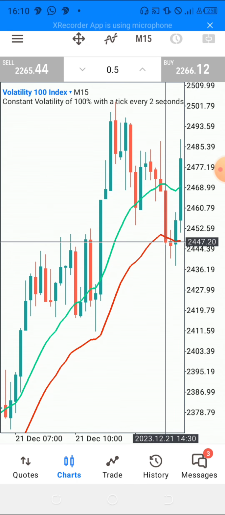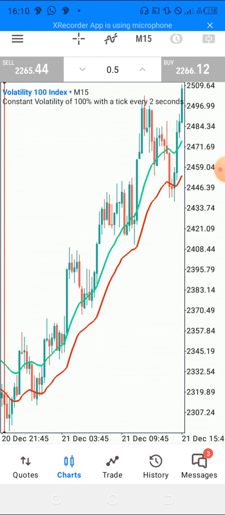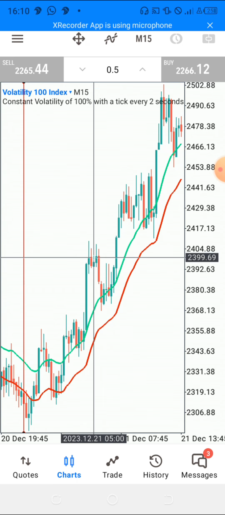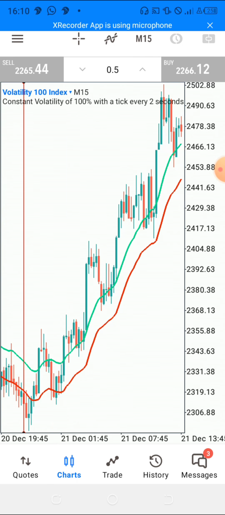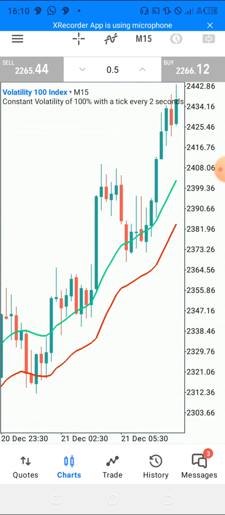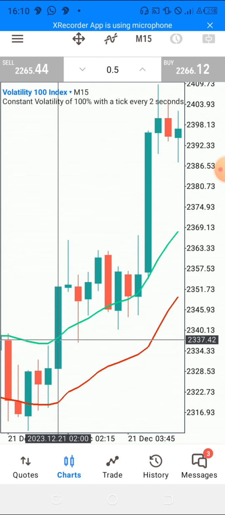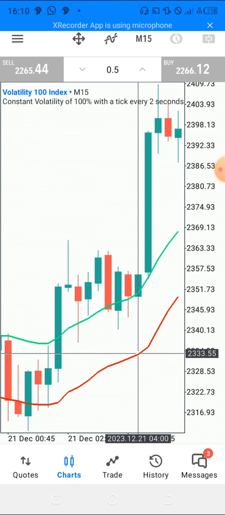So I've given you the entry, where you're going to be placing your stop loss, and also the take profit. Let me just do a quick summary. On your 15-minute time frame, a candle has to close above this green line, and your stop loss is going to be the red line.